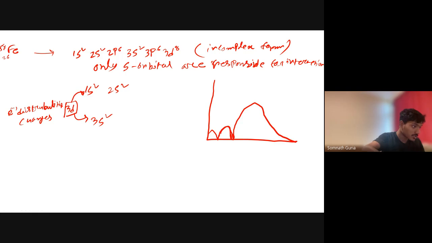Let's start with green. This is my 3d orbital. So it is a 3s orbital and a 3d orbital. In the 3s orbital we have an electron density over here, and in the 3d orbital we have some distribution over here, which has an electron density.